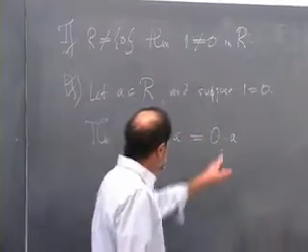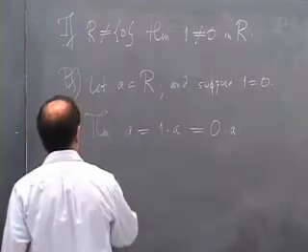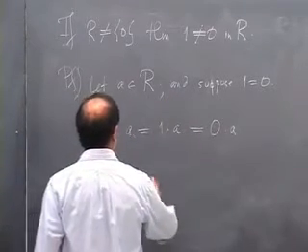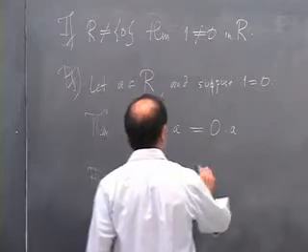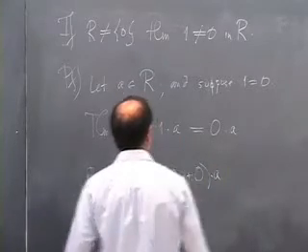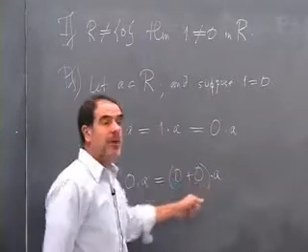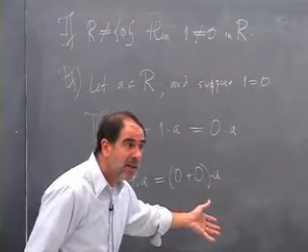Now, I claim 0 times A is equal to 0 plus 0 times A, because 0 is the sum of 0 and itself. It's an additive identity in the group.